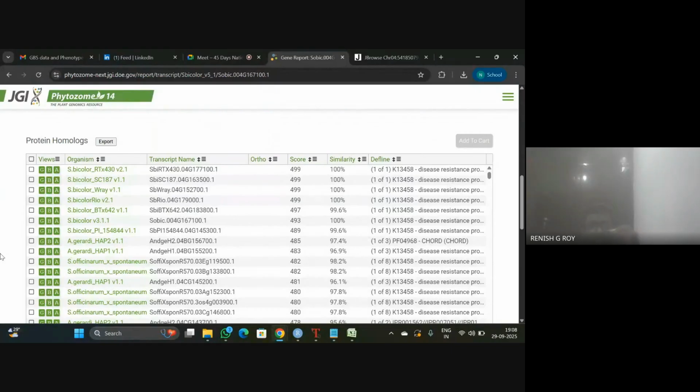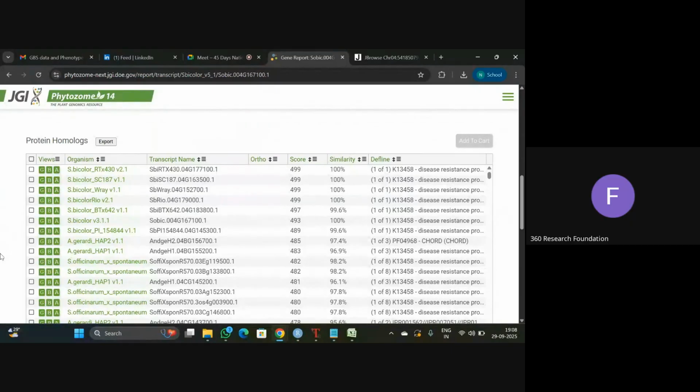Same. Yeah. So protein homologs means whatever the protein coded by this gene, the similarity of that in different species of the same crop and in different crops. So here you can see sorghum bicolor, different species. As we are dealing with 5.1, it is showing 100% homology with 3.1.1.